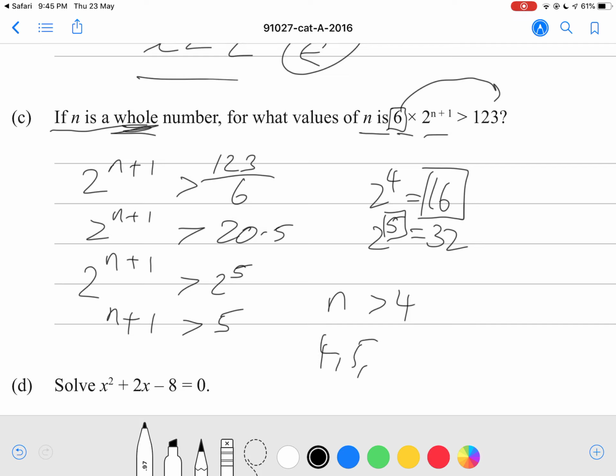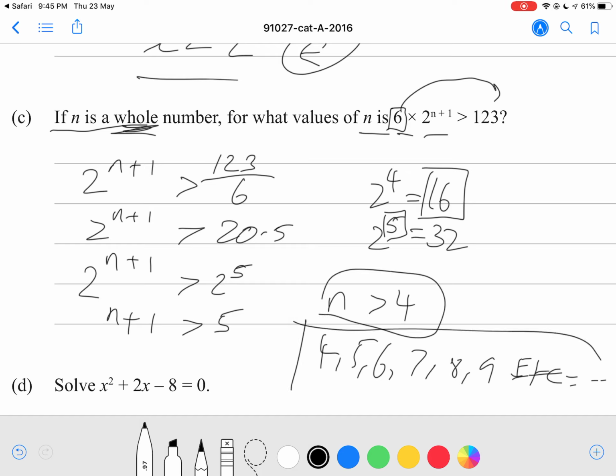So n can be 4, 5, 6, 7, 8, 9, etc. So it's any whole number larger than 4. All the way up to here, to the end of the working, is going to get you an excellence.